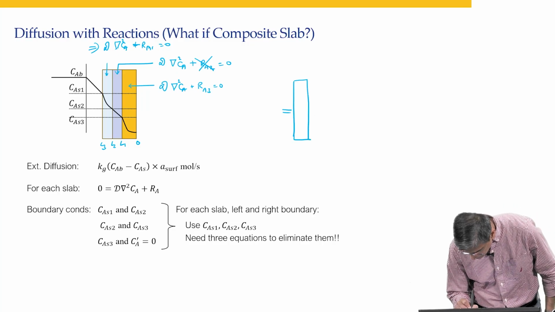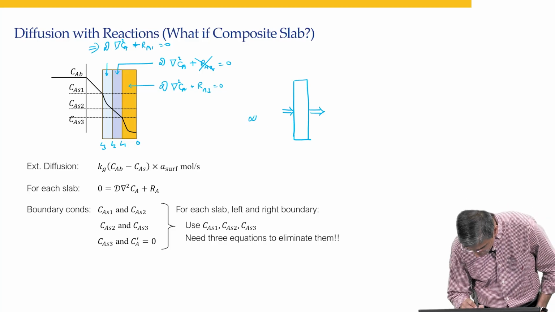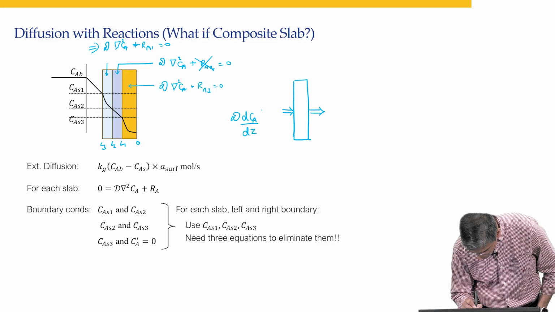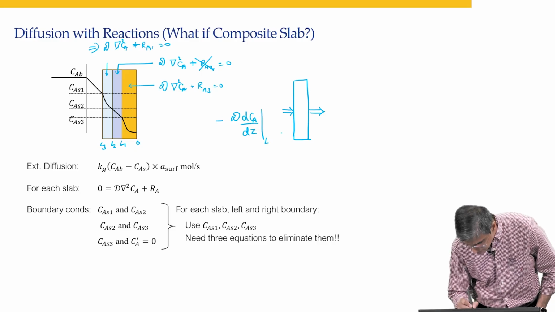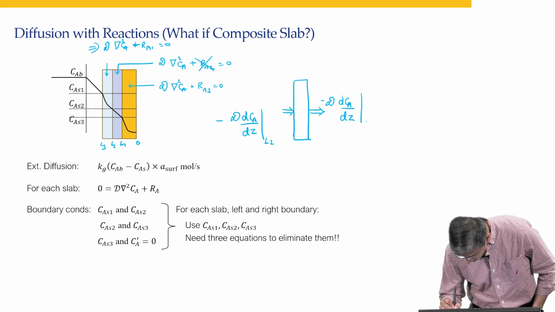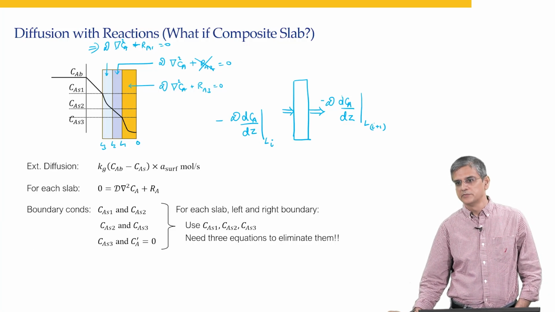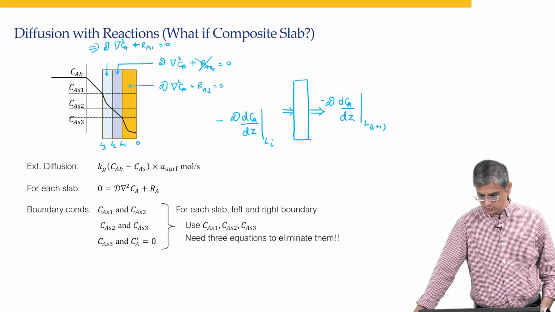Okay, the flux in the slab, or it should be minus, these are the flux. If your slab was your control volume, what is the difference between the two fluxes?